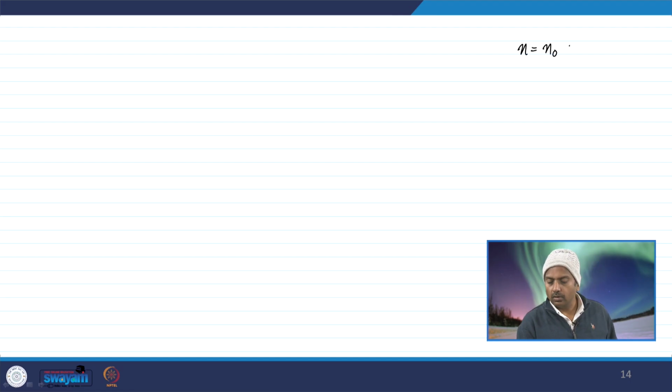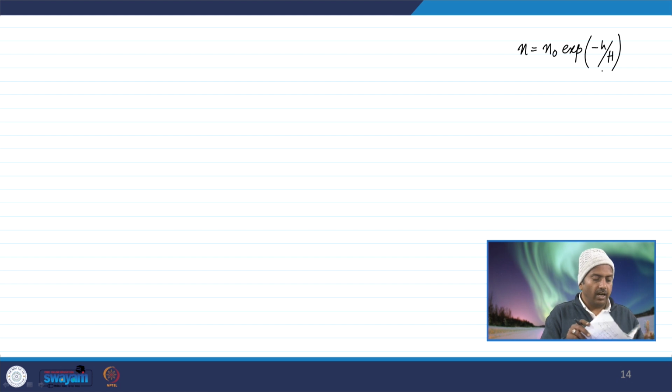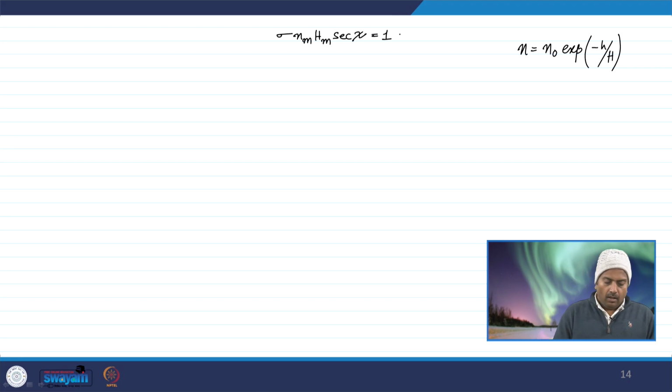Okay. Now, let us say we have neutral species which have a distribution something like this: n is equal to n naught exponential minus h divided by capital H. Now, the earlier expression that we had, the equality, was rather simple, which is sigma Nm Hm secant chi is equal to 1. Okay.